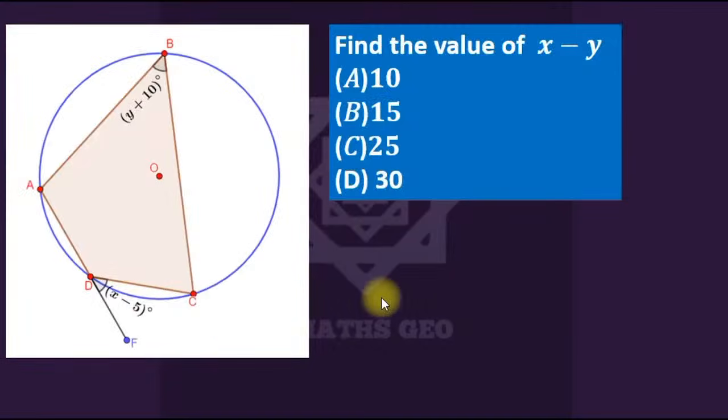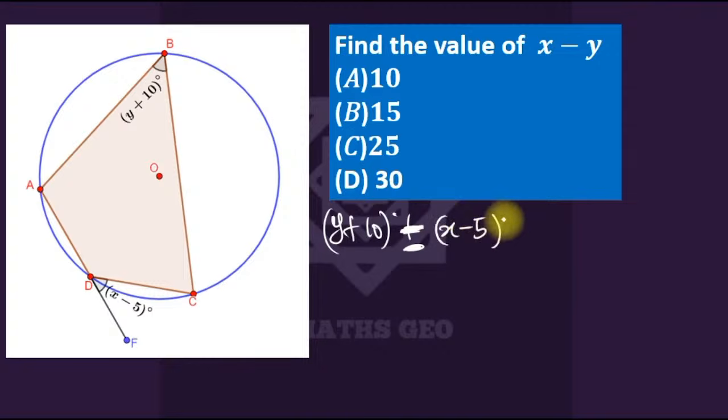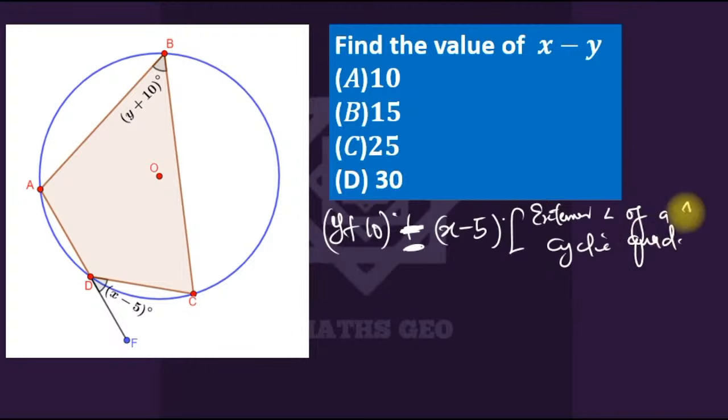So let's look at this easy question. We are asked to find x minus y. So we are seeing a cyclic quadrilateral ABCD, and we are given an interior and an exterior angle. So we see that y plus 10 degrees should be equal to x minus 5 degrees, based on the exterior angle of a cyclic quadrilateral.